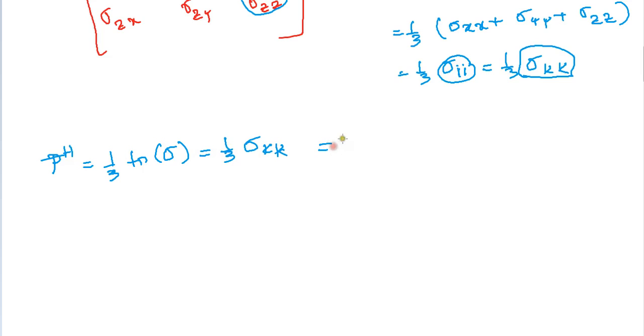If you have watched my previous tensor lecture series, you know the first invariant is also the summation of the diagonal components. So if the first invariant is I1, we can also write this as 1 by 3 I1, because the trace of any tensor is the same as this.